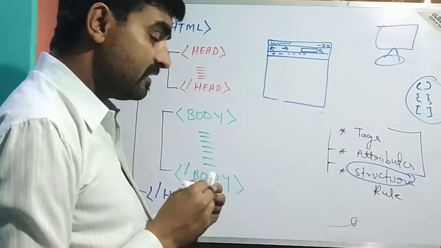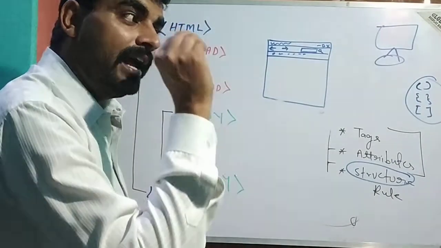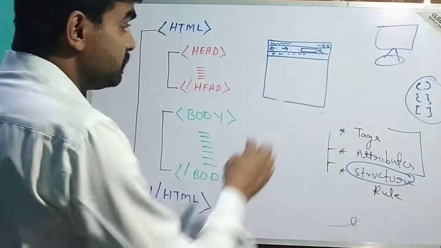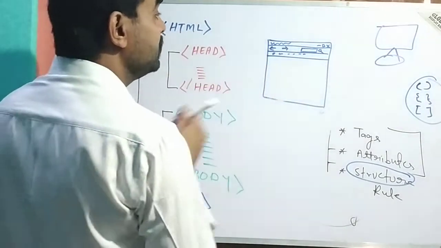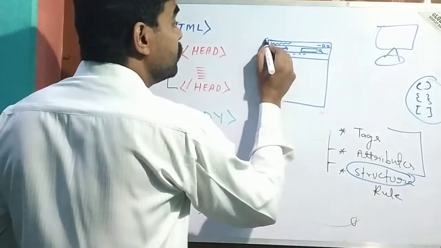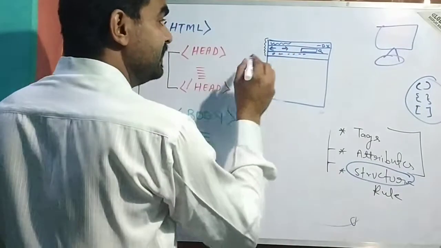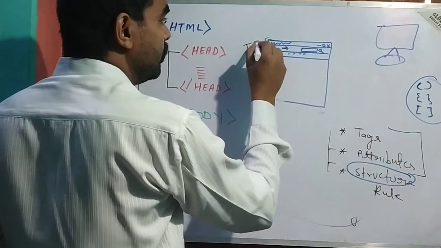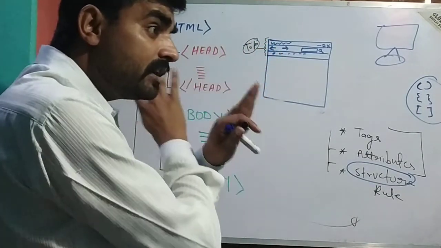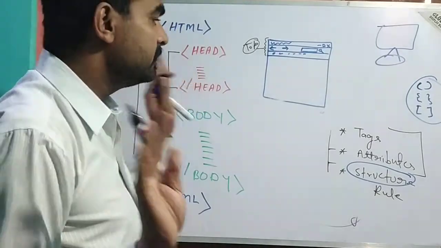So here the actual content is displayed after this part. This part has common information for each and every website, it is the top part, and the top part is common for each and every website.